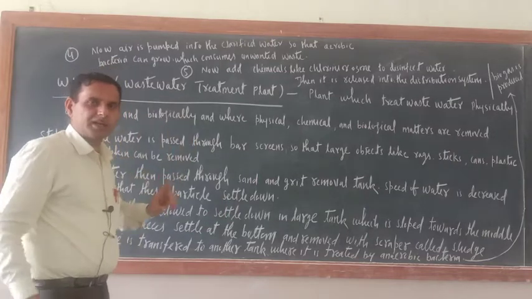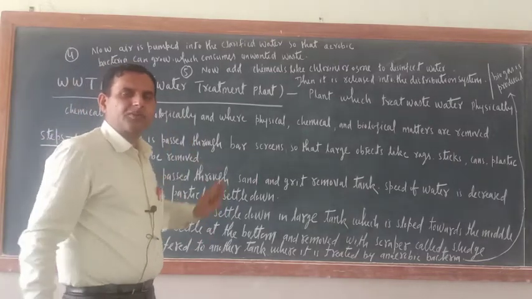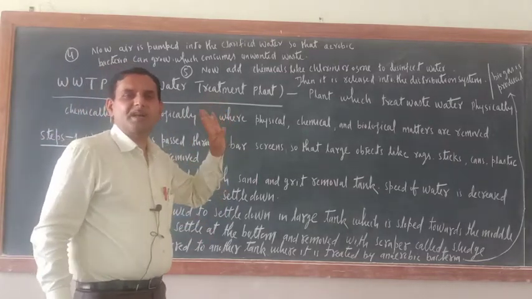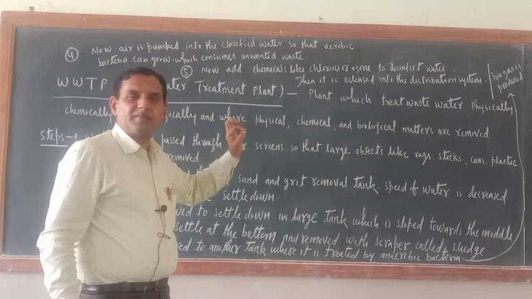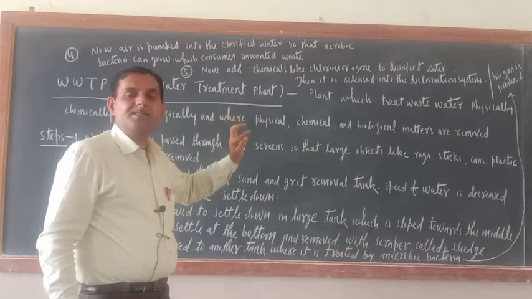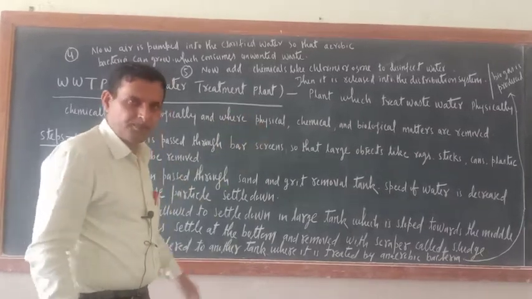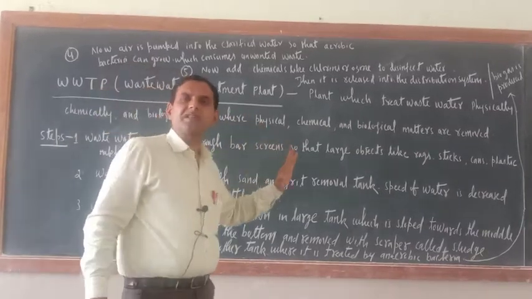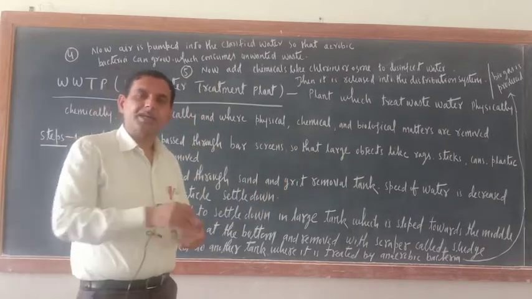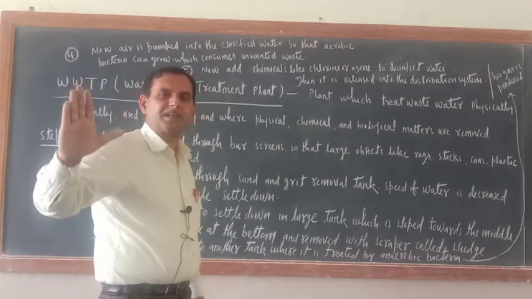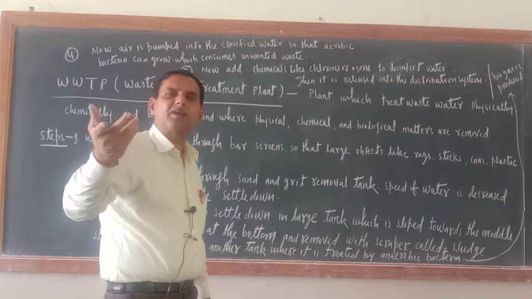In wastewater, if we categorize, basically three types of contaminants are there: physical contaminants, chemical contaminants, and biological contaminants or pollutants. Their removal must be done from the wastewater. If these things are removed, that water is fit for drinking.